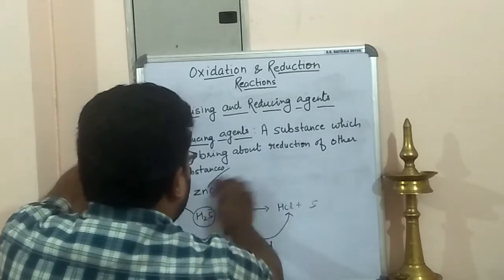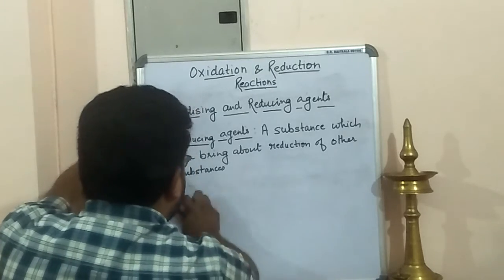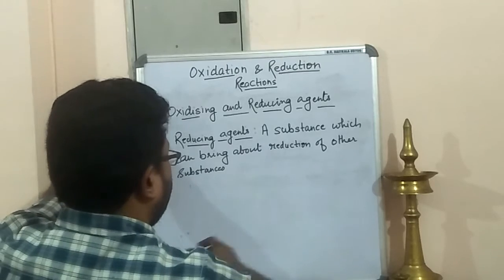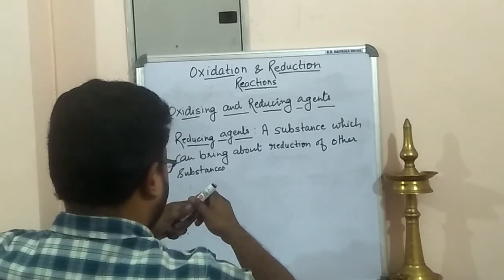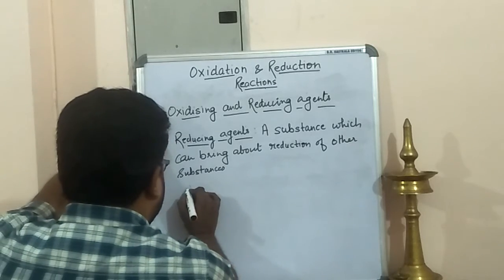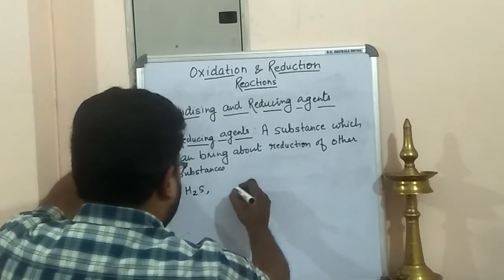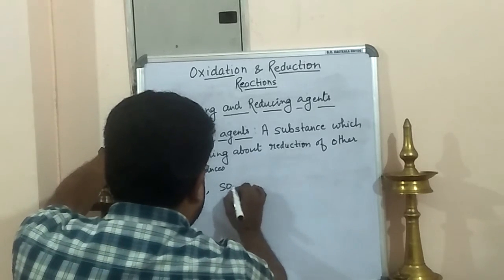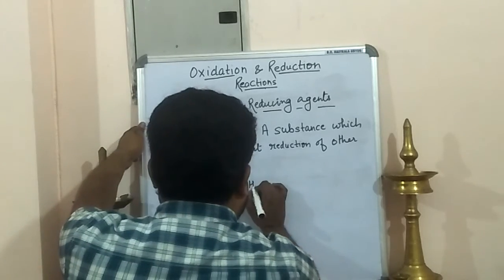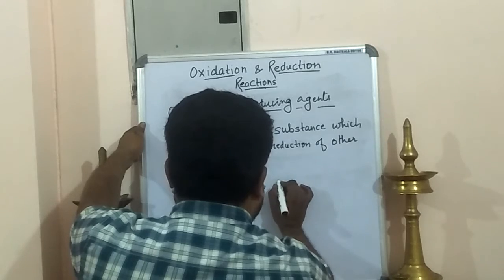So I am just writing some examples of reducing agents. So we have hydrogen sulfide, then we have sulfur dioxide, then of course hydrogen itself, then we have carbon.